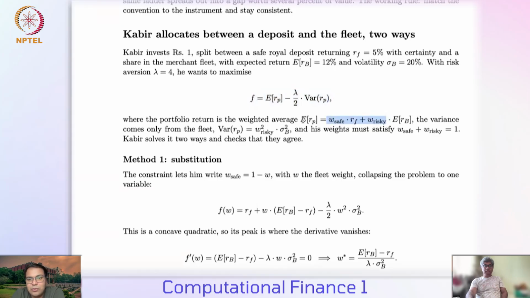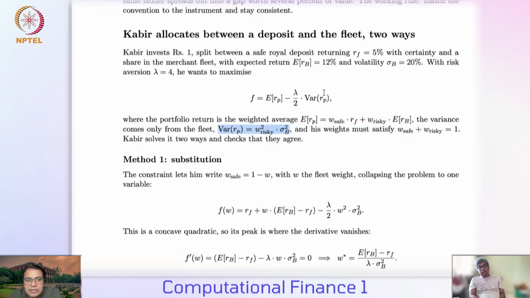So the expected return of the portfolio is the weight you are putting on the safe asset multiplied by the return from the safe asset, plus the weight you are putting on the risky asset multiplied by the expected return from the risky asset. Variance, as we had mentioned, comes only from the risky asset, and that's going to correspond to W square sigma B square, and the weights must sum up to 1.